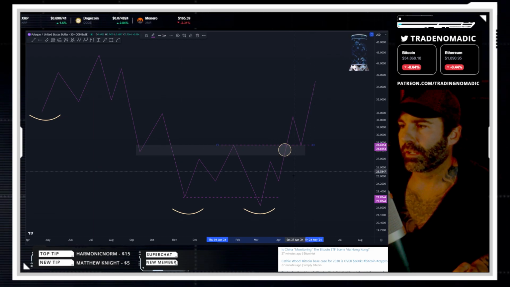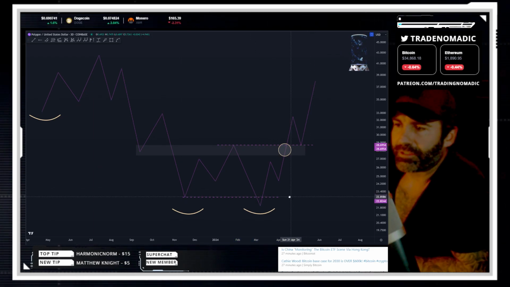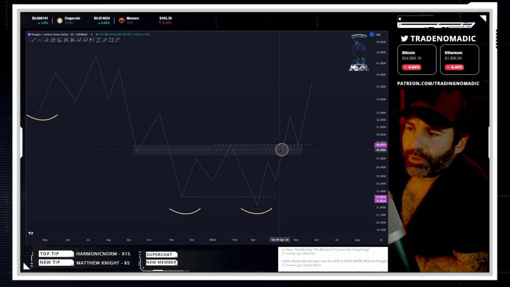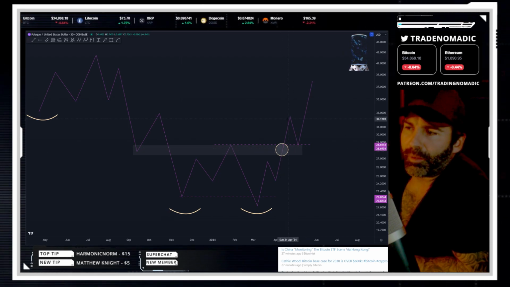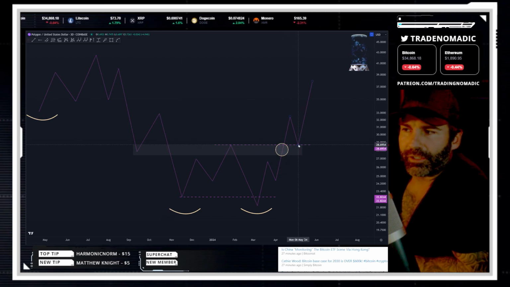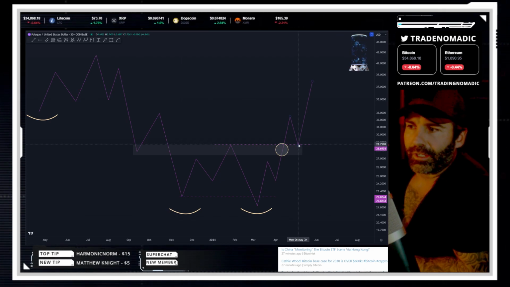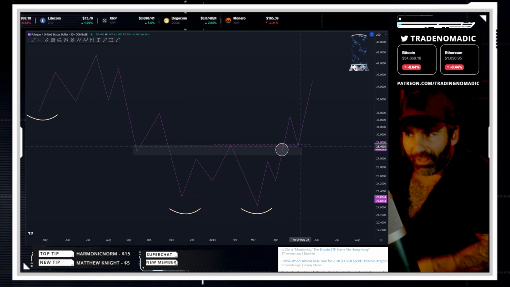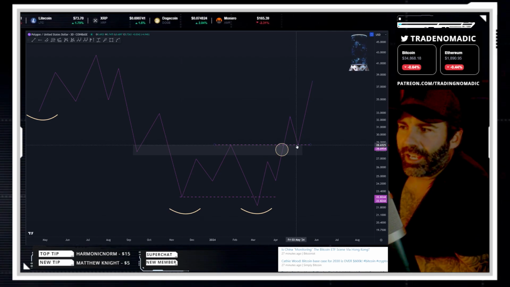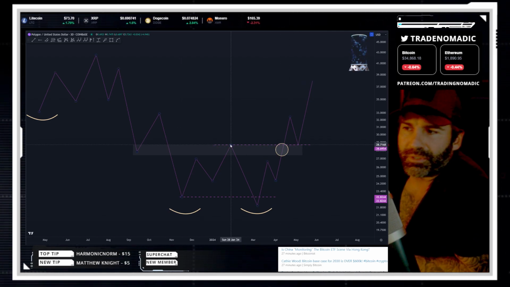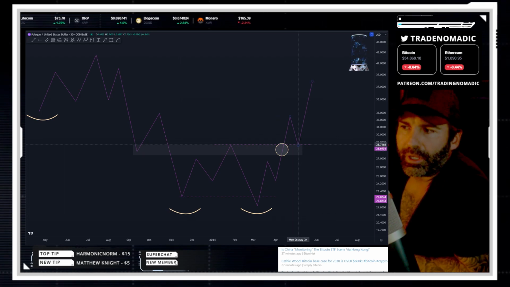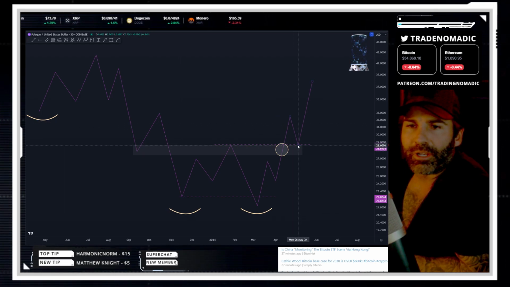So yeah, you got this. You get a move up and out of the range, and ideally you get some sort of check back. You don't necessarily have to. That would be ideal, because that is confirming that what was once resistance is now support, and that would also give you a nice level to lean on.